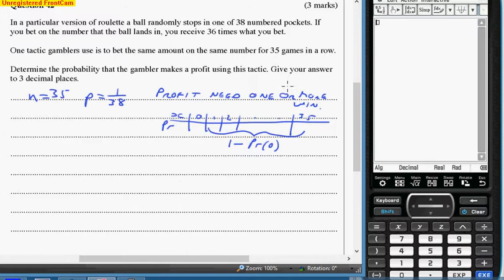You need at least 1 win. So the probability of at least 1 win is equal to 1 minus the probability of no wins.